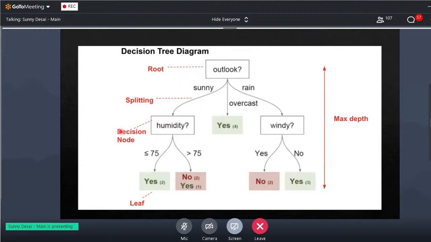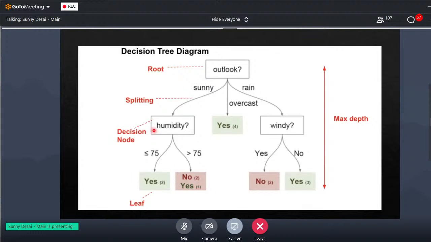That's because after this node, here we are writing humidity, and after the decision node, you come to a final conclusion. That is why these nodes are known as decision nodes.